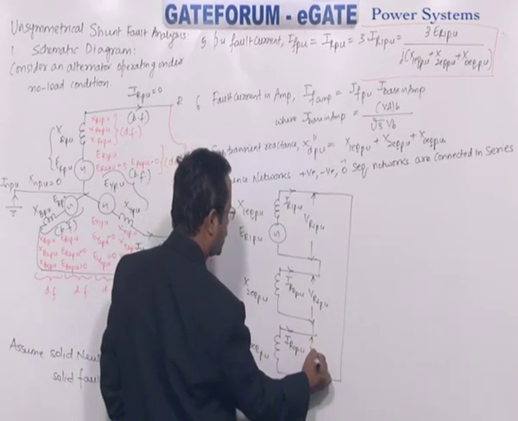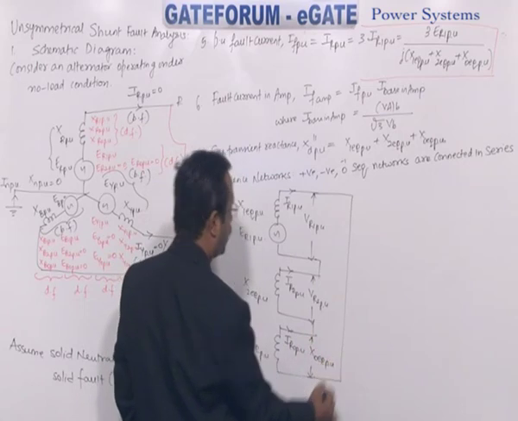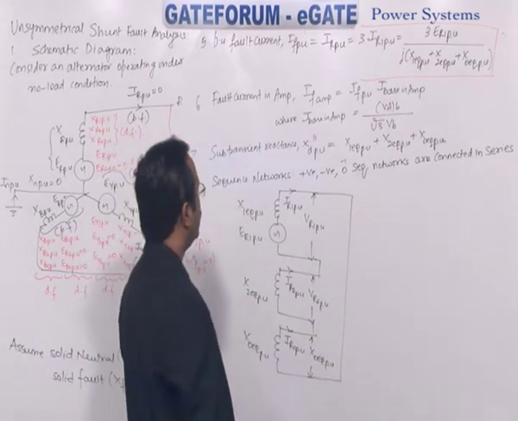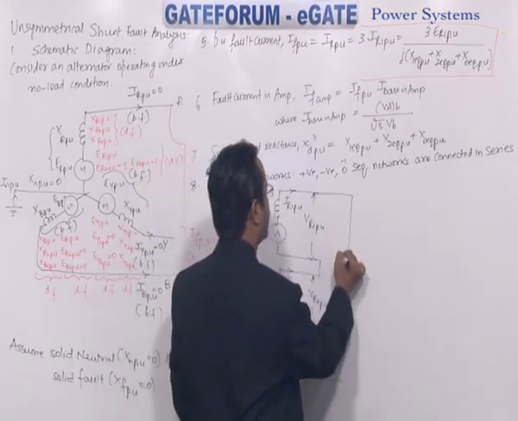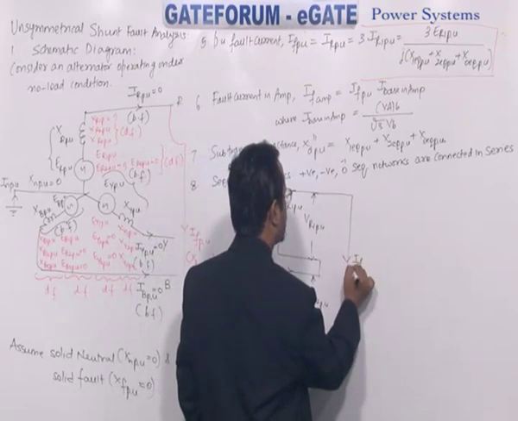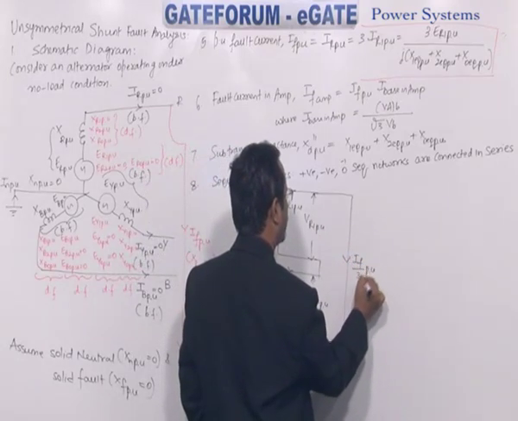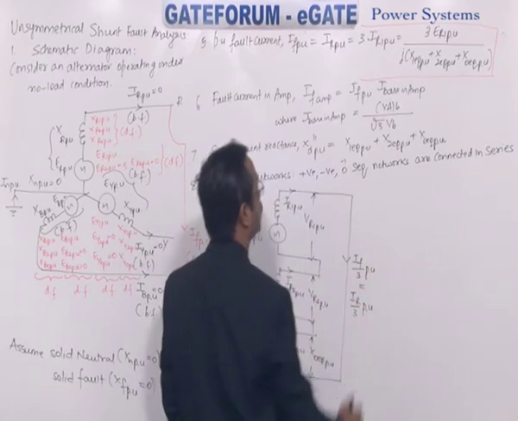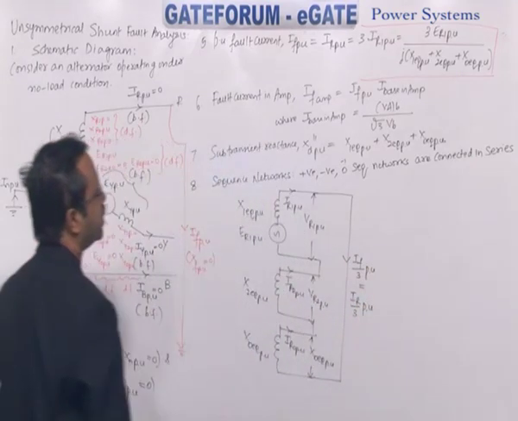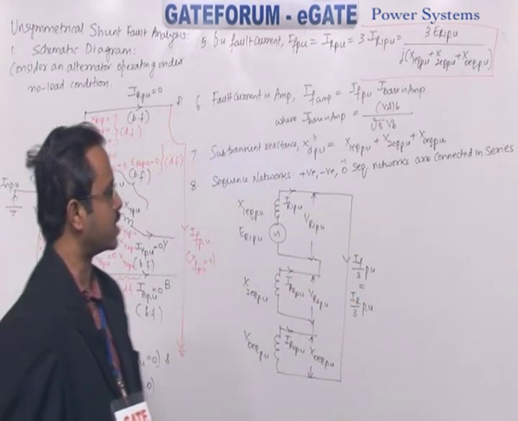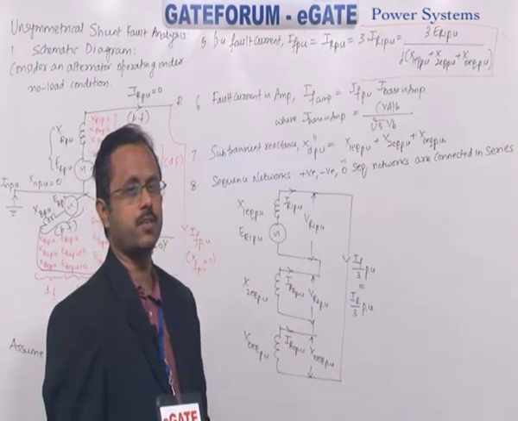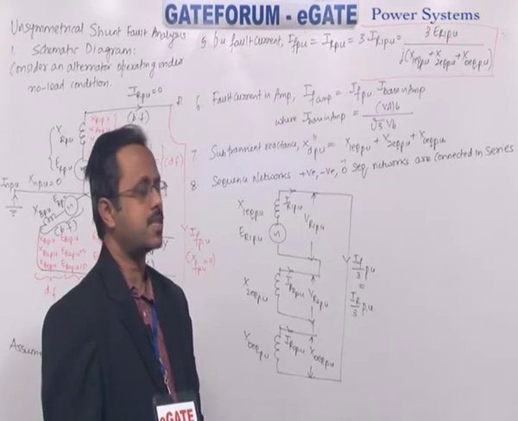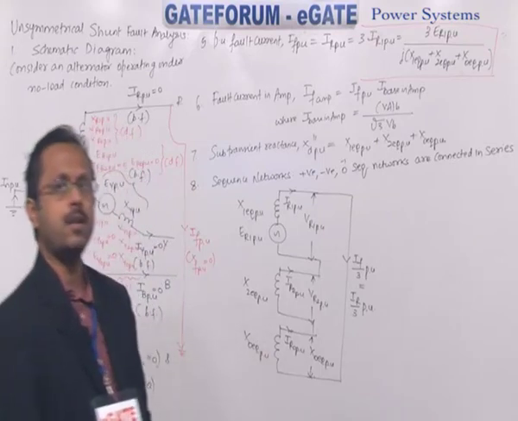What is the reactance? X0 equivalent per unit. So all these sequence currents are equal and here you can mention it is IF by 3 per unit or else IR by 3 per unit. So this is how you draw the sequence networks for LG fault, where the sequence networks are connected in series.